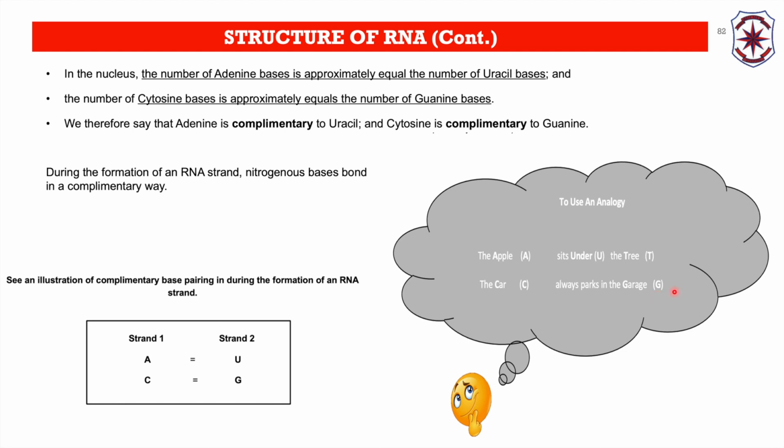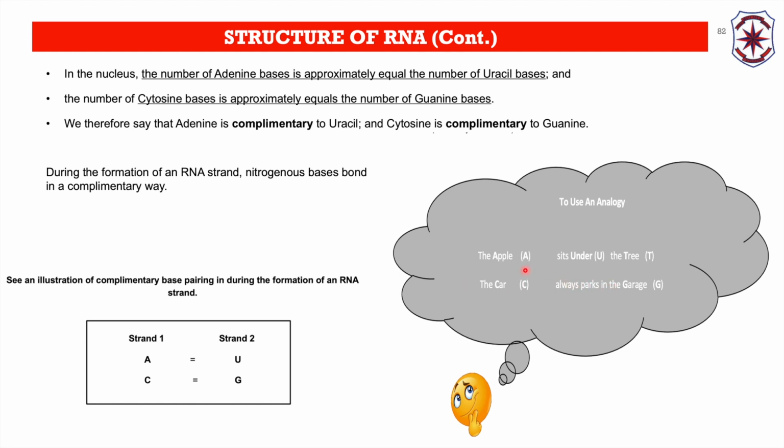This is not DNA, this is RNA. So what analogy can we use? The car still parks in the garage. So guanine is also complementary to cytosine here in RNA. So this is good and well. Okay, so this complementary base pairing still remains.